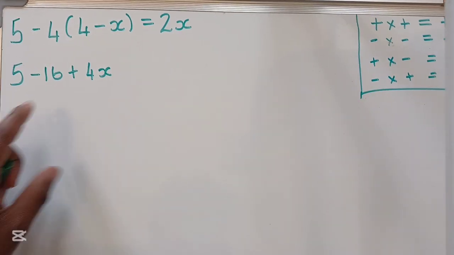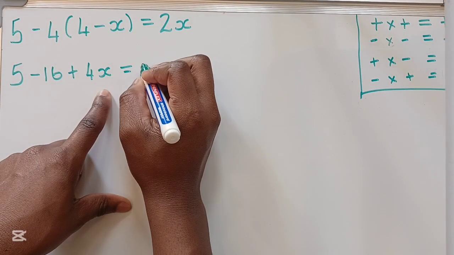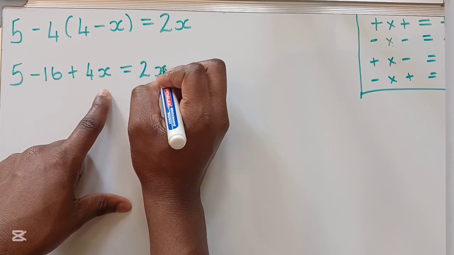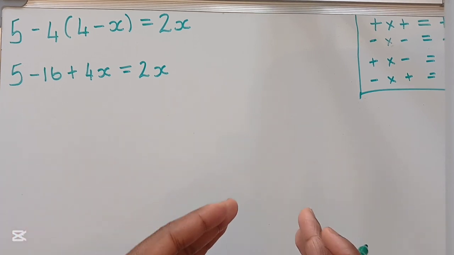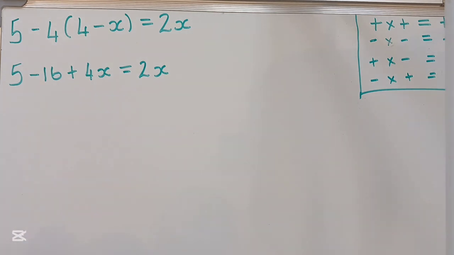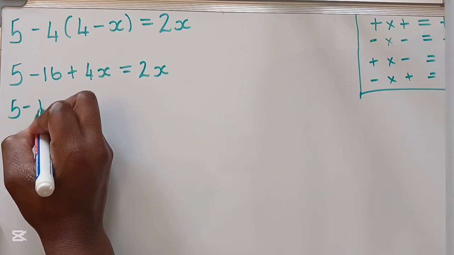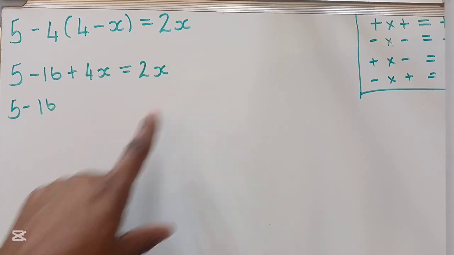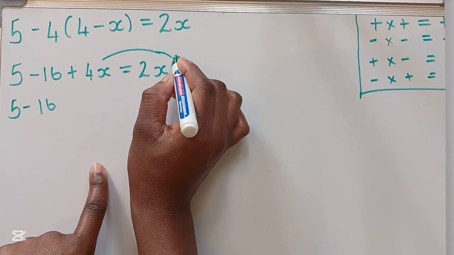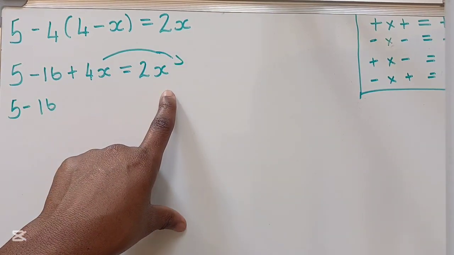Okay, so 4x equals 2x. The next step is we want to isolate our unknown values by keeping them on one side of the equal sign and the rest on the other side. So we have 5 minus 16. I will move my 4x to the other side of the equal sign just so that I can isolate them.